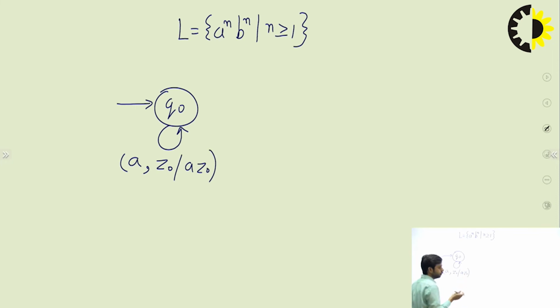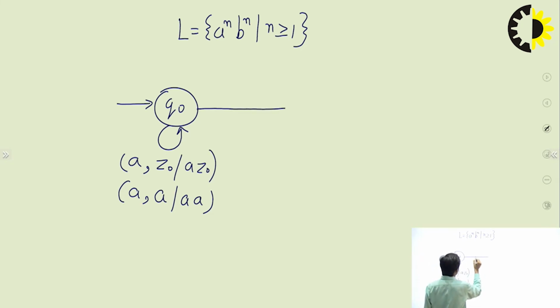First we pop out Z node, then we push A Z node. Now when input is A and top of the stack is A, then we push A. We keep on pushing A until all A are over.